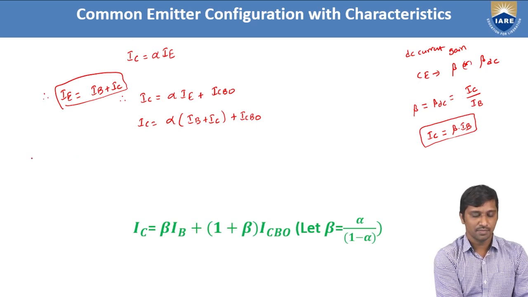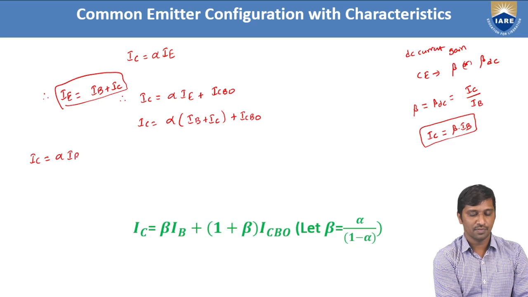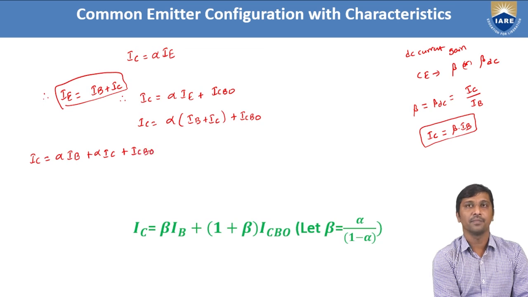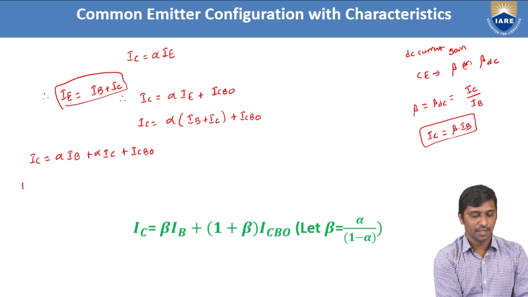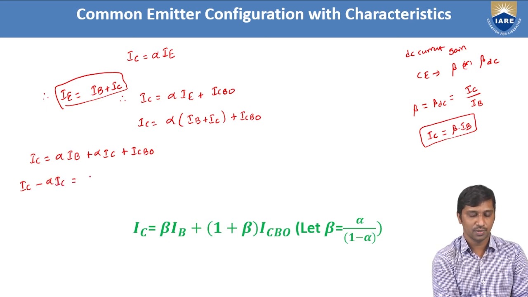Just expand these terms. What happens? IC is equal to alpha times IB plus alpha times IC plus ICBO. From this, I'm taking the common terms: IC minus alpha times IC is equal to alpha times IB plus ICBO.